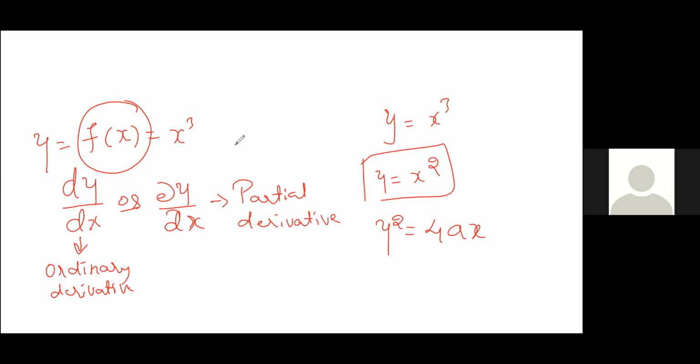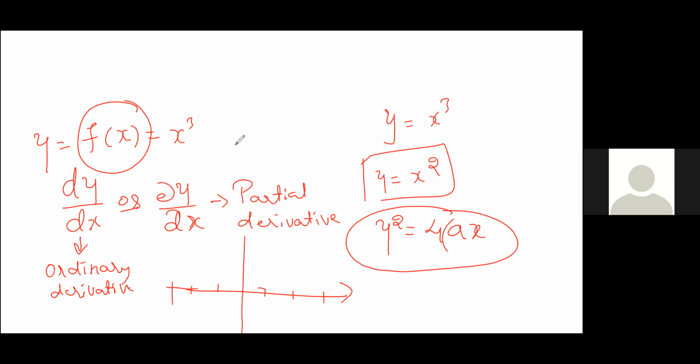So in this one, how will we draw the curve? Just take the x-axis, 1, 2, 3. By putting x values, we will find the corresponding y values. Here, for simplicity, take a equals 1, so this will be 4x.